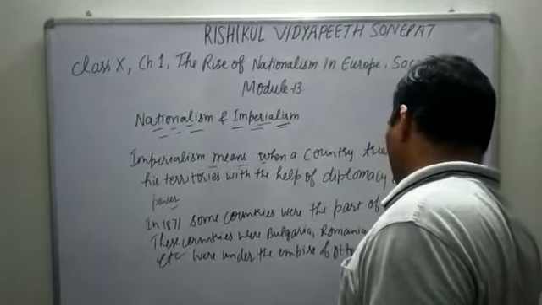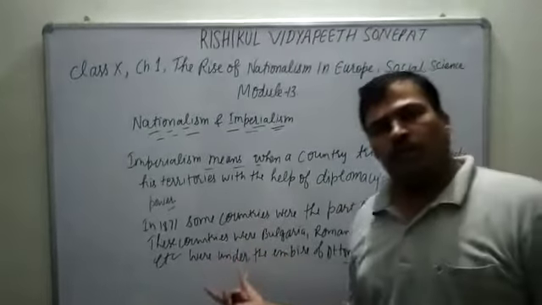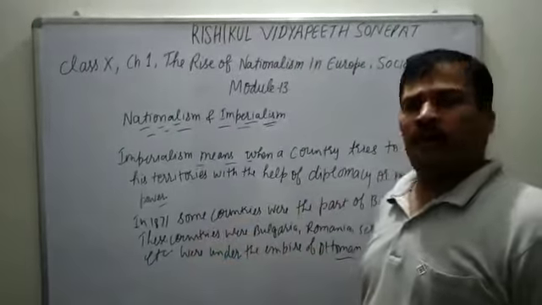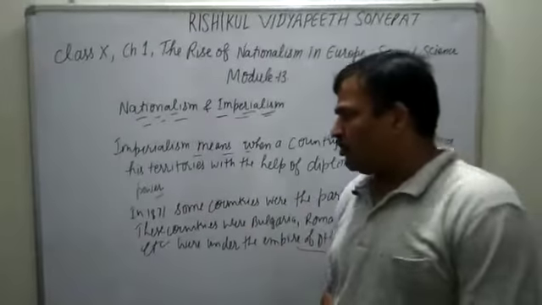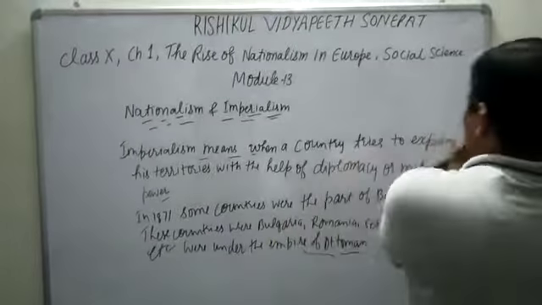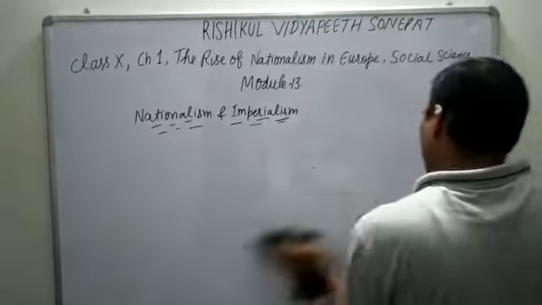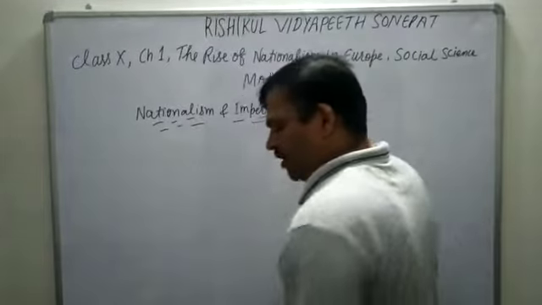It means some of the states and countries were under the Ottoman Empire. And this Ottoman Empire was related to Turkey. As we have seen in the unification of Greece and other nations, Ottoman Turkey was replaced.